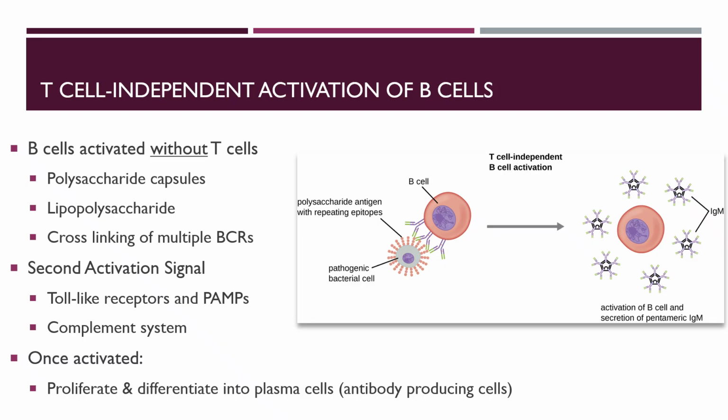These are toll-like receptors and PAMPs, and the complement system can do this as well. Once activated, they proliferate and differentiate into plasma cells, which are antibody-producing cells. So the idea is this: we don't want those B cells to just randomly fire off and start making plasma cells. So there have to be two activation signals.